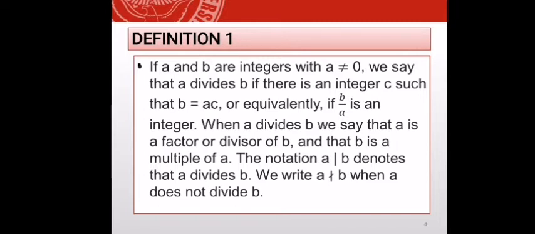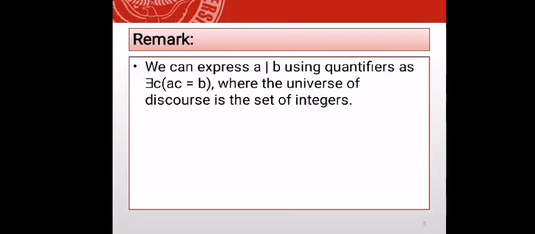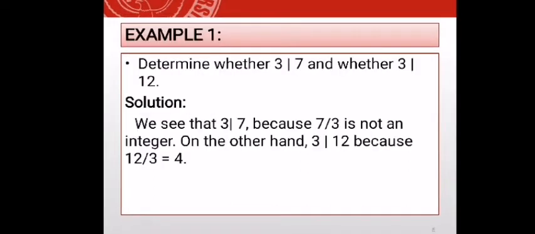The notation a | b denotes that a divides b. We write a ∤ b when a does not divide b. So we can express a | b using quantifiers as there exists c, ac equals b, where the universe of discourse is the set of integers.